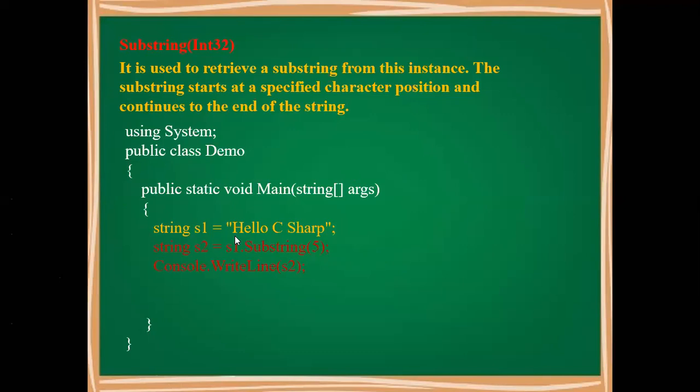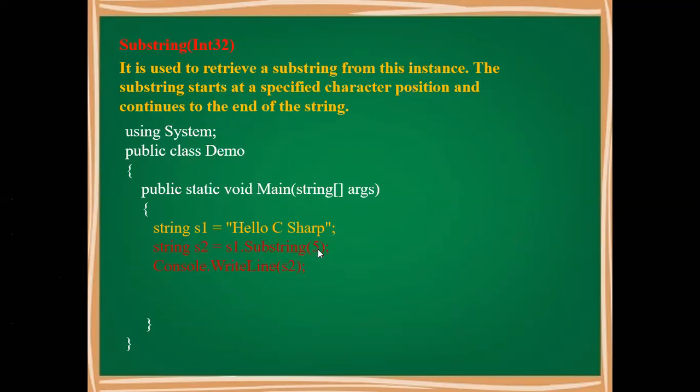As in the previous example, we have seen that O has index number 4 and the empty space has index number 5. So now the substring function will start reading from after 5. It will read C sharp till the end. So C sharp will be extracted because it starts after the fifth position, and that will be assigned to variable S2.